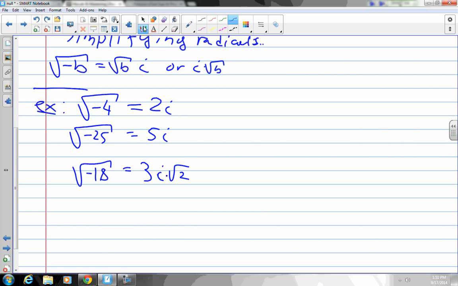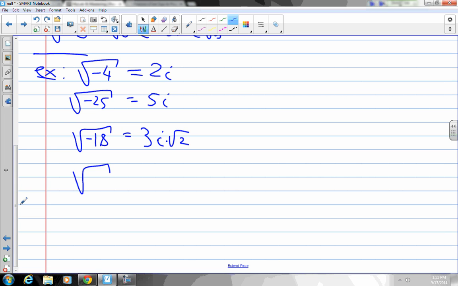Okay. And if I ask you what is the square root of negative 29, you will say square root of 29 i, or i square root of 29. 29 looks very prime, so nothing much you can do.